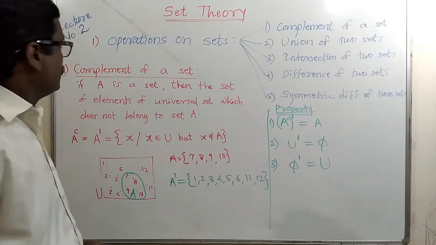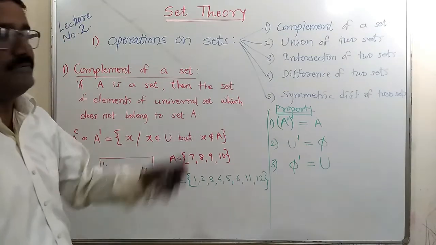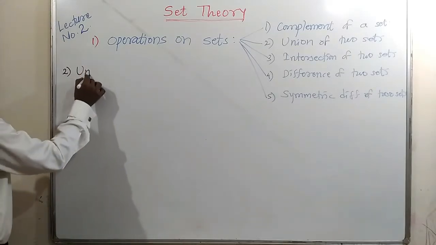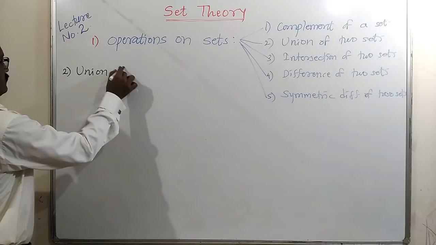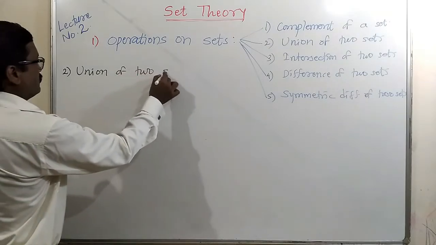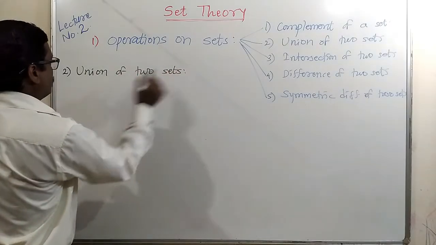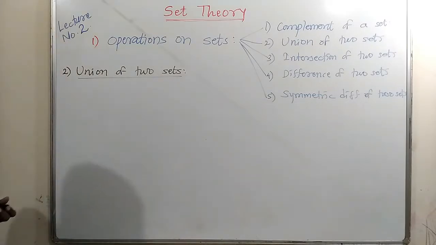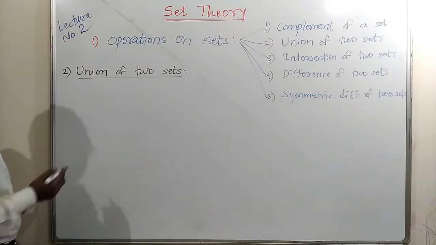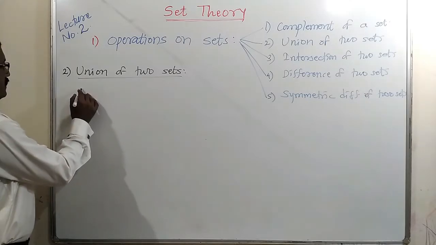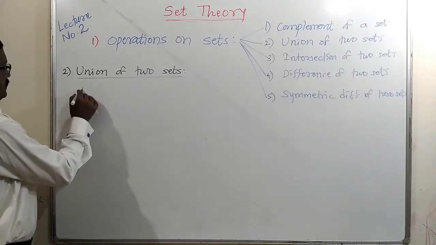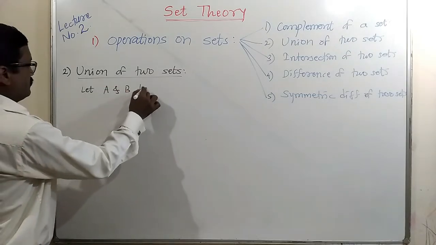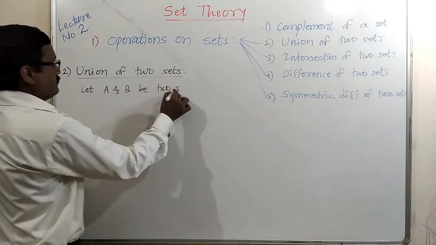Let us move towards the second operation on sets, that is union of two sets. In this operation, let us first see the definition of union of two sets. Let A and B be two sets.